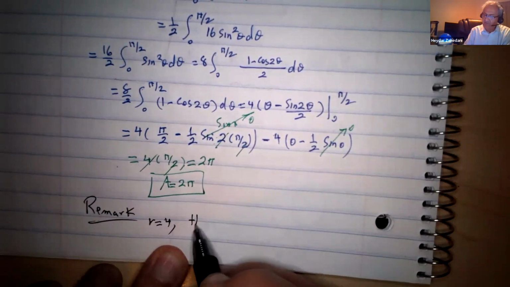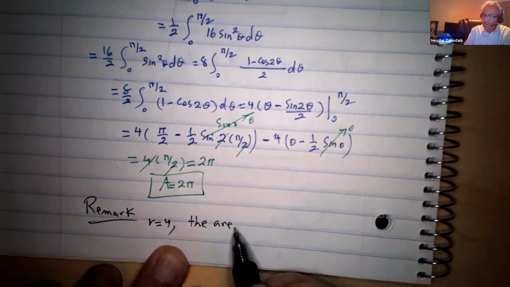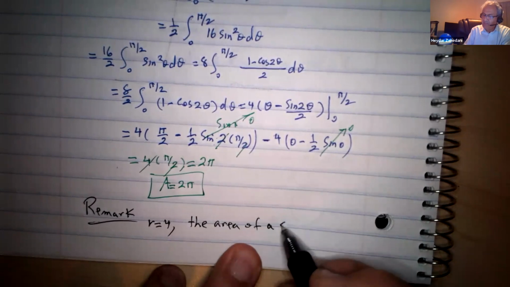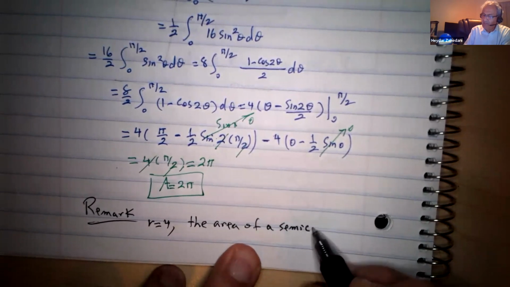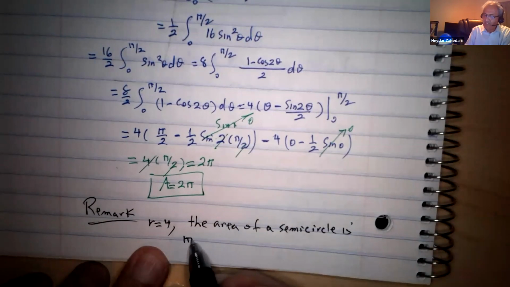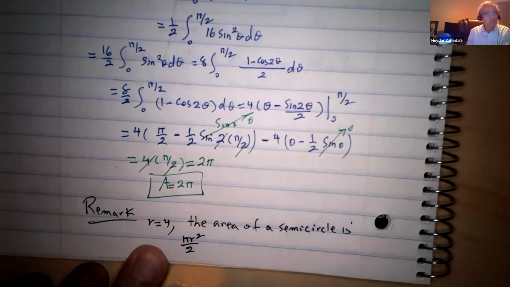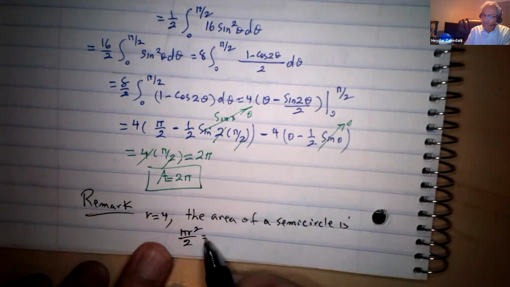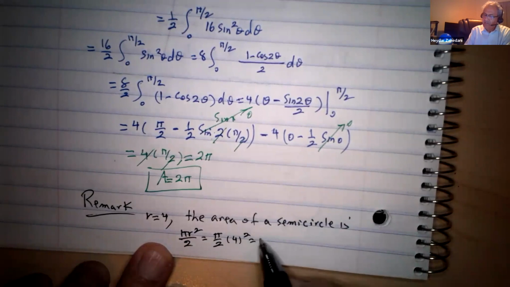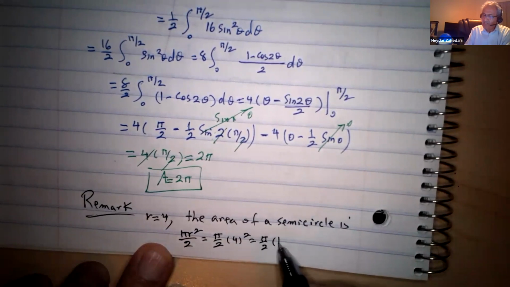So the area of a semicircle, you know, the area of a circle is going to be pi r squared, is a semi, so divided by 2. So that gives you pi half times 4 squared. It's going to be pi half times 16.